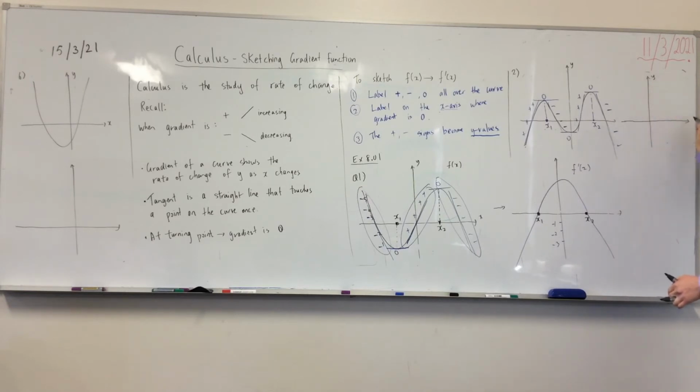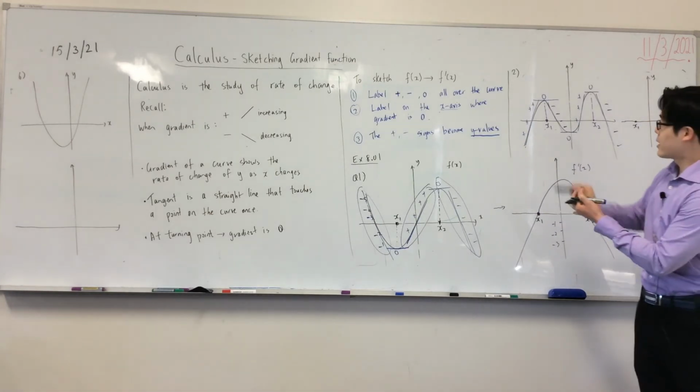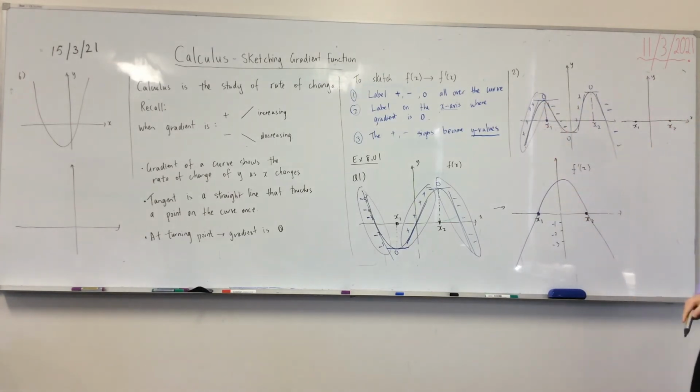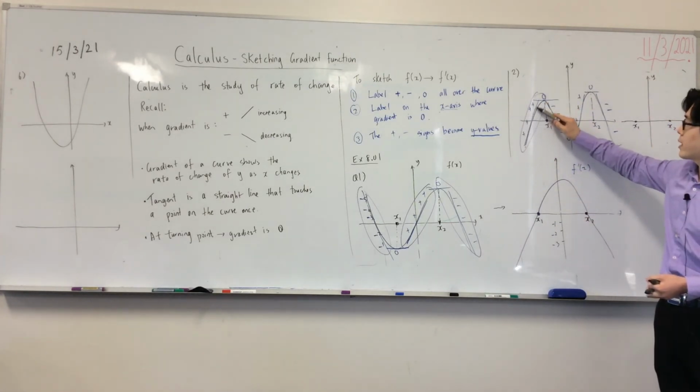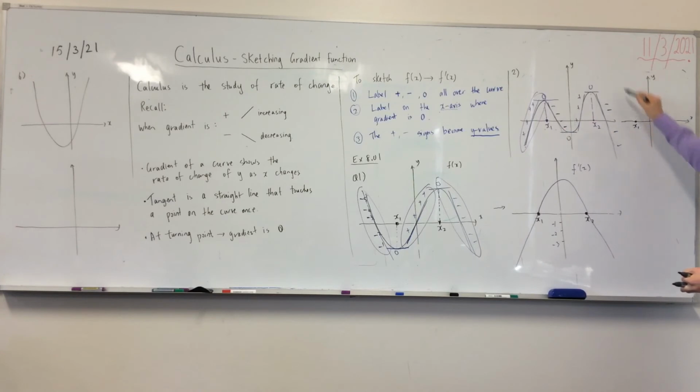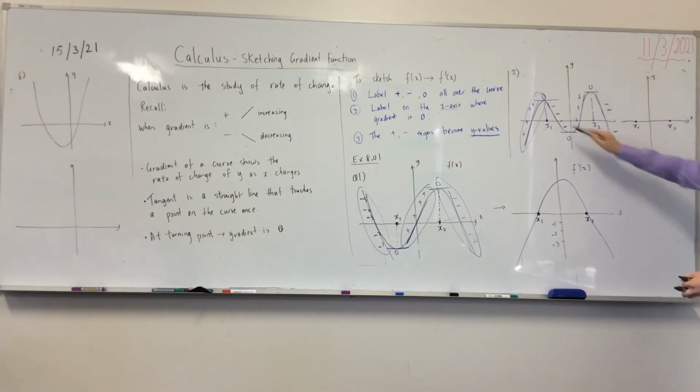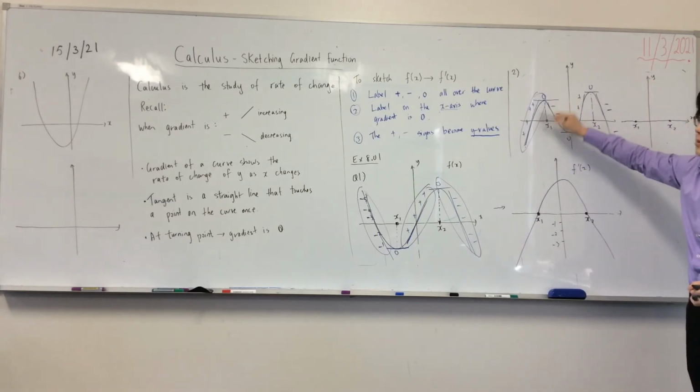All right, so I've done step number 1. Step number 2, label on the x-axis where the gradient is 0. So it has to go through x1 and x2. Once again, let's look at this end part of the graph. I've got all these positive values, so on this part of the graph, am I going to draw above or below the x-axis?